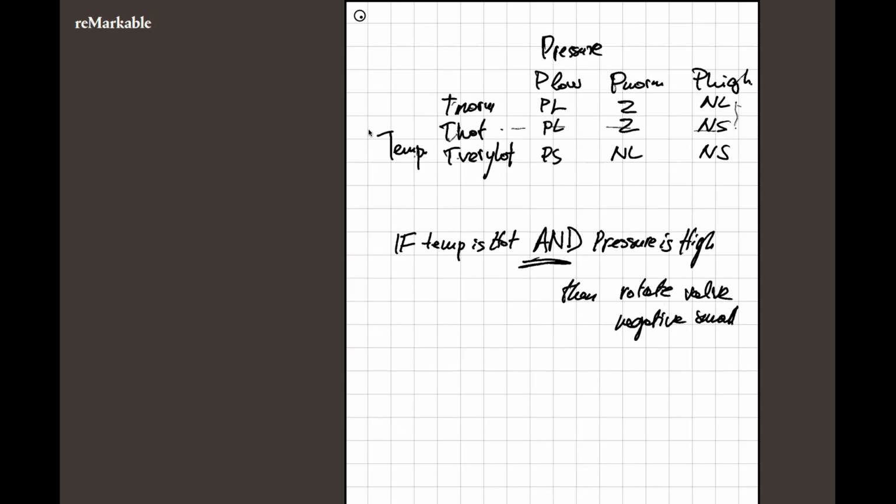Yeah. And then, of course, this negative small has certain intervals of crisp values. Again, this is the output membership function.